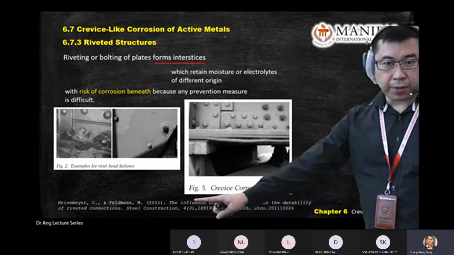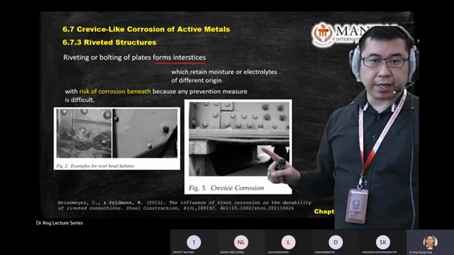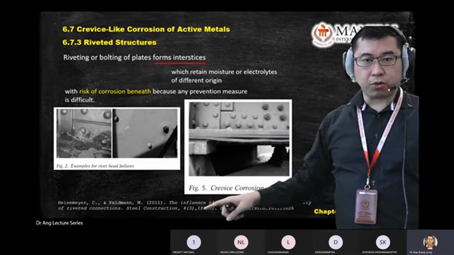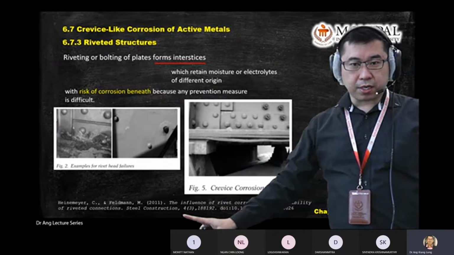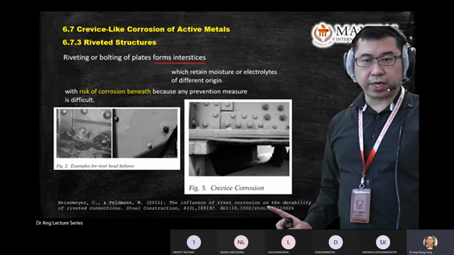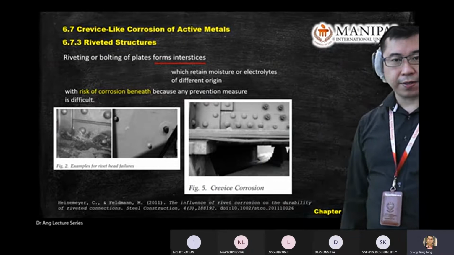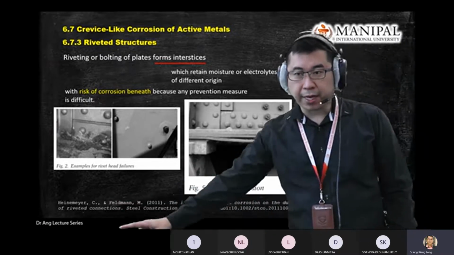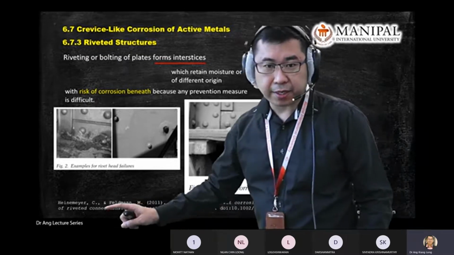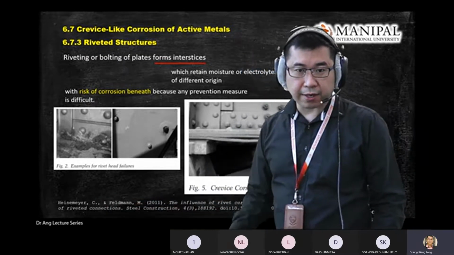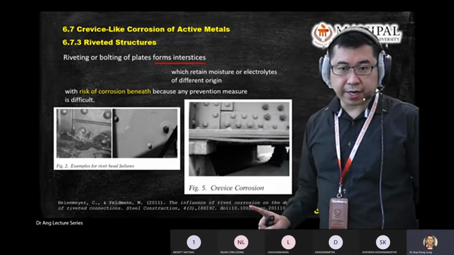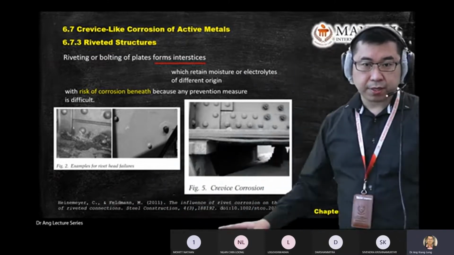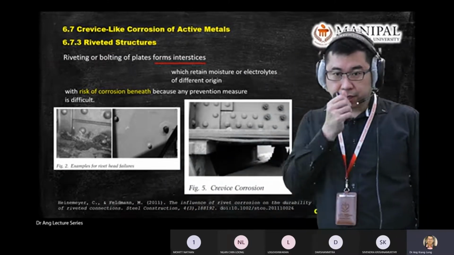Okay. If you want to read more about how crevice corrosion happens in the rivet or bolting, you can go to these journals to read the remaining details. These photos I extracted from these journals, published by Hennemeyer in 2011, the influence of rivet corrosion on the durability of rivet connections, published in Steel Construction, Volume 4.